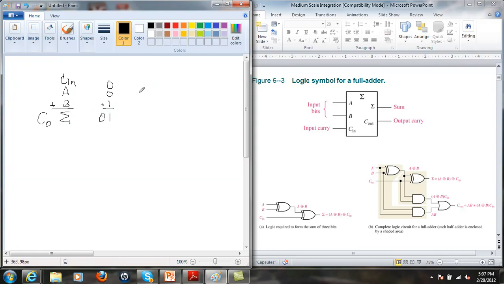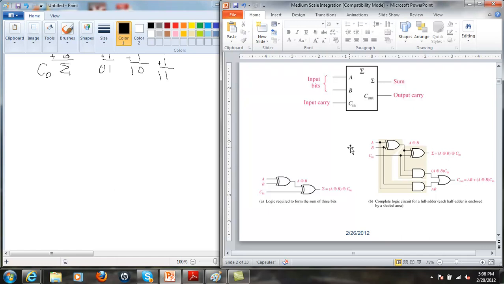If there is a 1 here and a 1 here, then the sum is 0 and the carry out is 1, if the carry in was 0. So 1 plus 1 is 0. The other combination would be a carry in, A and B all 1, so this would be a 1 and a 1. It's just binary addition. That's a full adder. The full adder is indicated by the fact that it has a carry in.